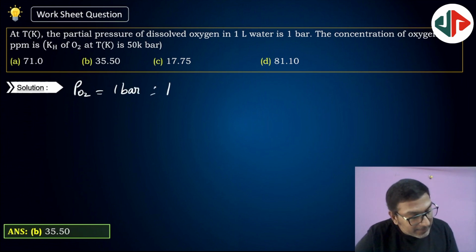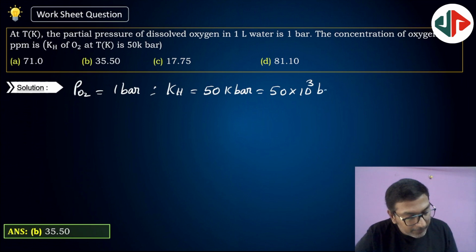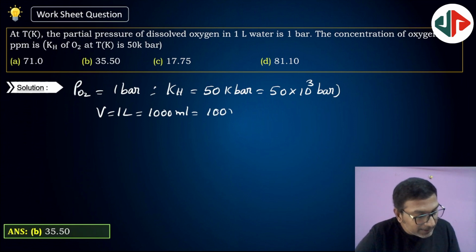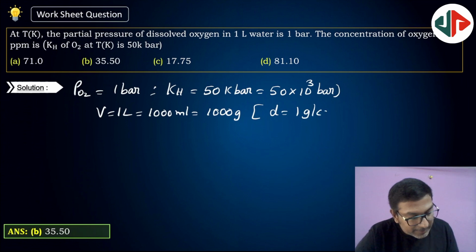Next, KH value, the Henry's law constant, is 50 kilobar, which is equal to 50 into 10 cube bar. Next, volume 1 liter, that is 1000 ml. So that is equal to 1000 grams because density of water is 1 gram per cc.